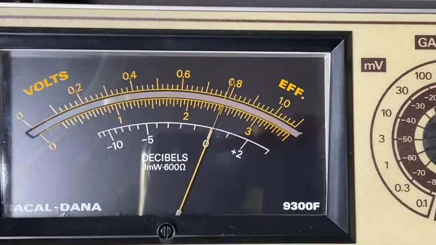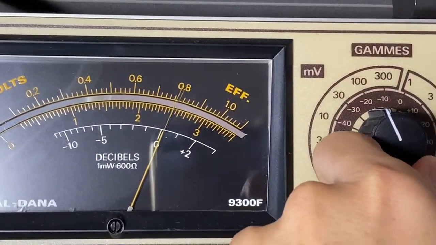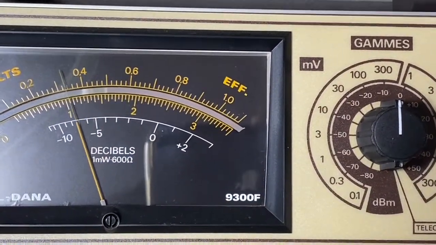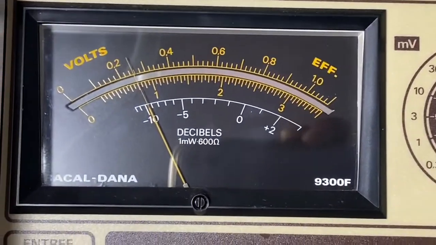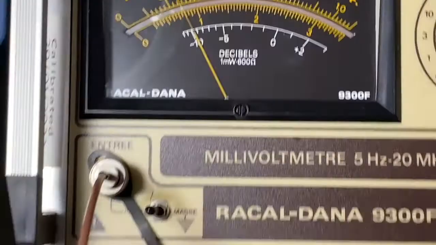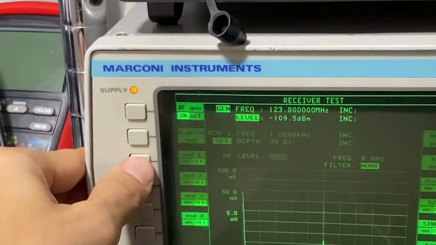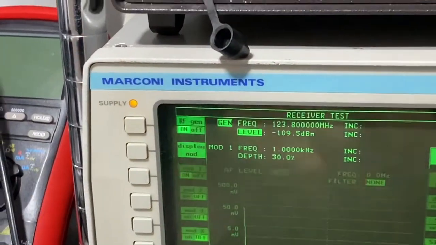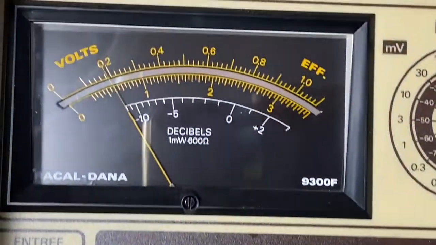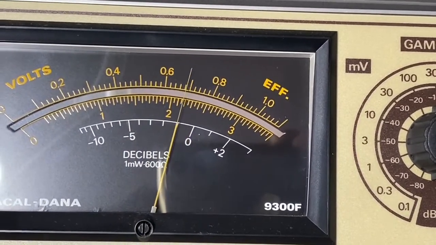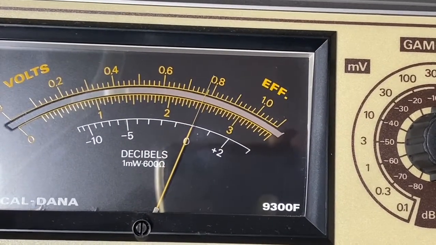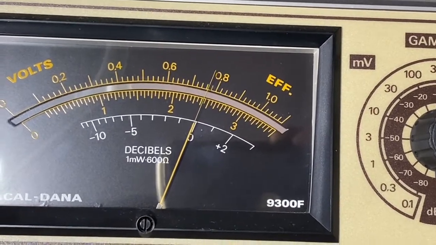Then change scale: we want a 10 dB ratio, so just change the scale for a 10 dB delta. Switch on the modulating signal on the generator and adjust the level until you find the same spot, about 0. And there we are.